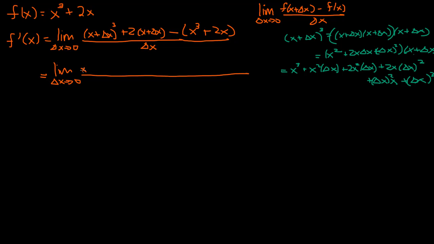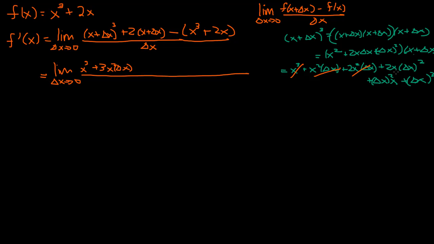So I have x cubed. Do I have any like terms here? Okay, I take care of that one. I have x squared delta x. Do I have any more x squared delta x's? Looks like I have 3 x squared delta x's. So I have one right here, that's plus 3x squared delta x.